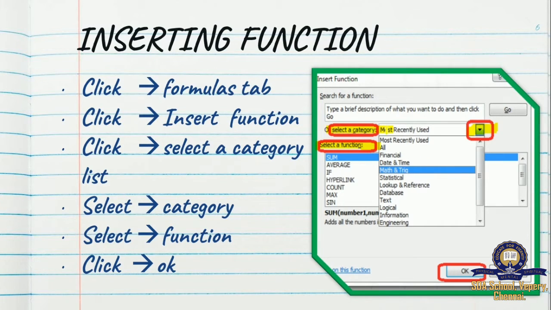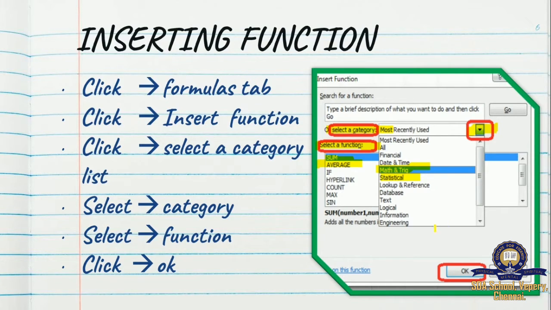In that, most recently used will always be math and trigonometry. If you want a statistical function, you can select statistic. If it is math and trig, you will have your sum, average, if, whatever you need, you can select it. This is your predefined formula. Already it will be in your computer.